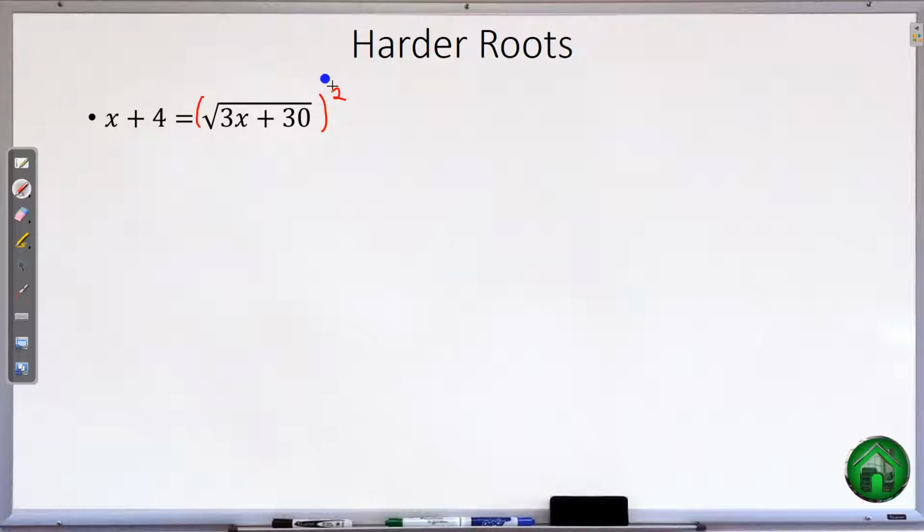That will get rid of the square root. But whatever we do to one side, we've got to do it to the other. So over here, we also have to square that. On the right, this is nice and easy, 3x plus 30. The left, however, x plus 4 squared, we have to multiply out.